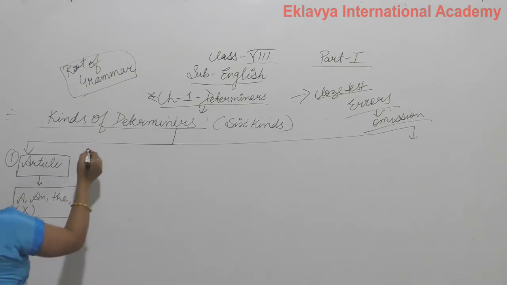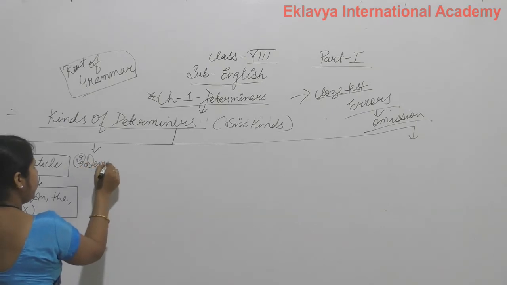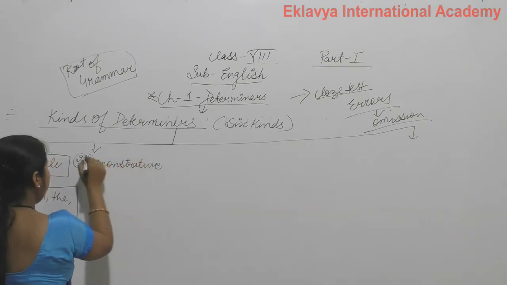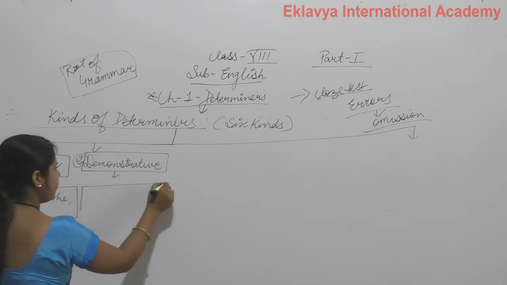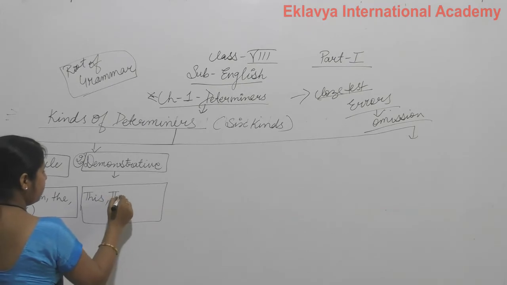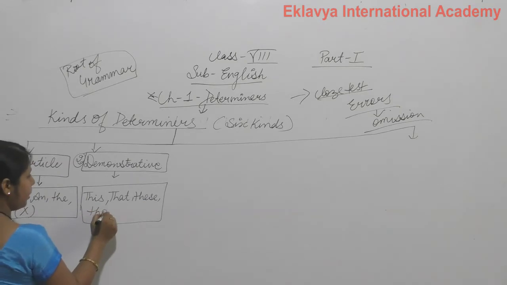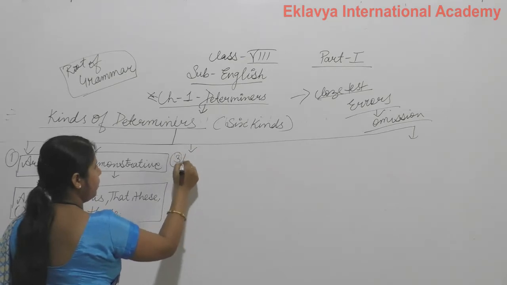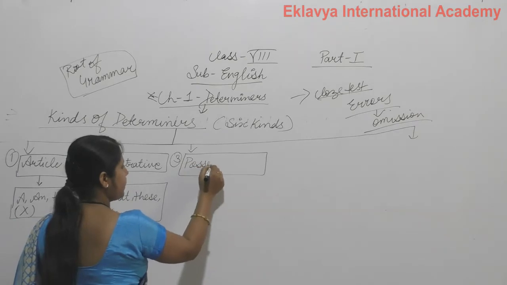Second is demonstrative. This consists of this, that, these, those. Third is possessive.